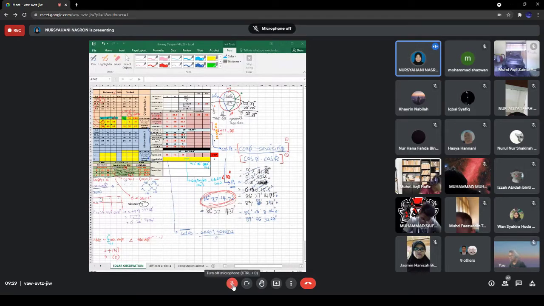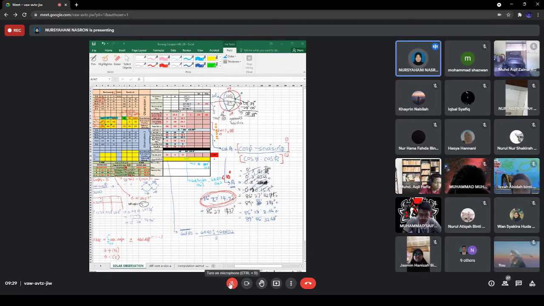So maybe in 2 weeks, next week ataupun another weeks, we will have our quiz. Okay? Only for solar observation. Just solar observation sahaja. Calculation. Within 1 hour, you need to complete the calculation starting from observation 1, starting from phase 1, you go to phase 2, phase 3, phase 4 and phase 5 until you get the final answer. Okay? Either next week ataupun another 2 weeks.